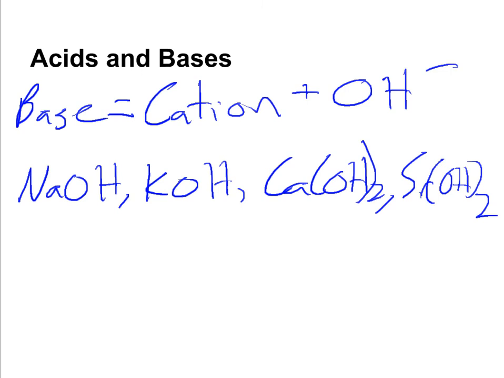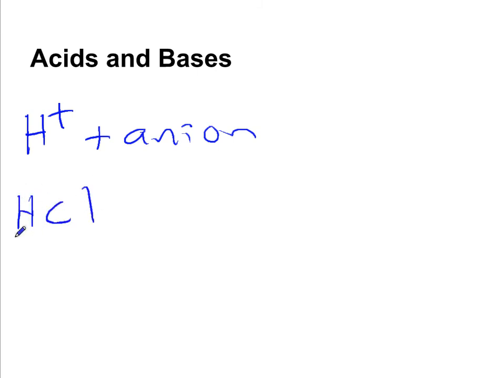Acids, we've got a couple rules for writing the names of them. Acids start with a hydrogen ion, and then they're added to some anion. So a common acid, hydrochloric acid, is HCl. We look for the hydrogen that it starts with and the anion that it's bonded with. This is hydrochloric acid instead of hydrogen chloride.